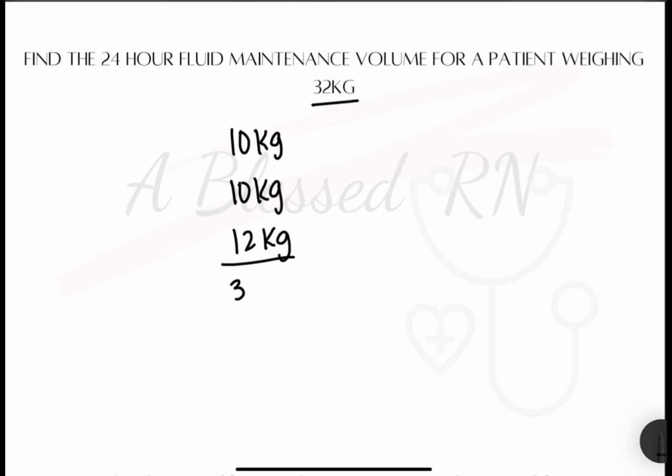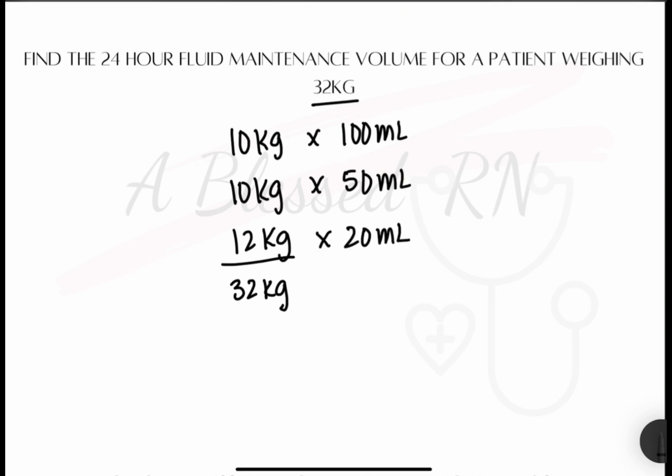The first 10 is going to get your 100 milliliters. The second 10 kg is going to get 50 milliliters. And then the third remaining amount is going to get 20 milliliters. So the first 10 is going to be 1,000 milliliters. 10 kg times 50 is going to be your 500 milliliters.